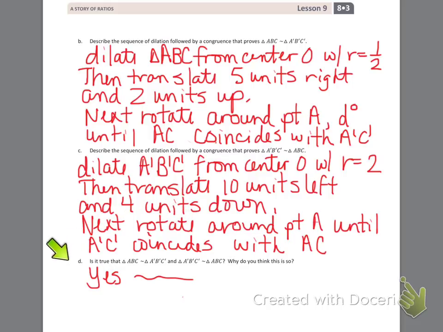So you should answer this question, which says, is it true that triangle ABC is similar to triangle A prime, B prime, C prime, and A prime, B prime, C prime is similar to ABC? Why do you think this is so? You should have something to the effect of that even though we used a different scale factor and a different sequence of transformations, we still were able to map the two triangles on top of each other no matter which one we started with.